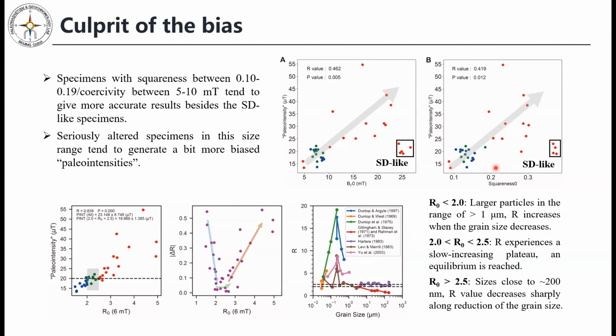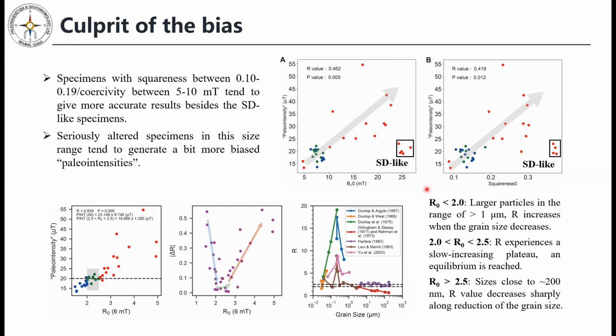Actually, all the samples become more SD-like. I didn't show the plots here, but their hysteresis parameters, for example the squareness, go higher for all the samples. So we think it means the grain size of the magnetic minerals has been reduced.